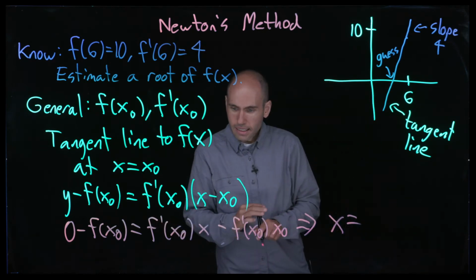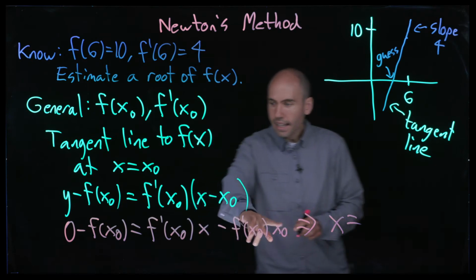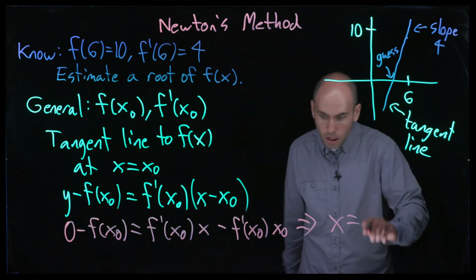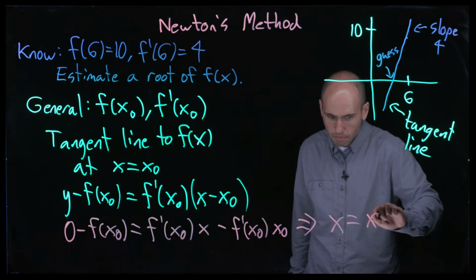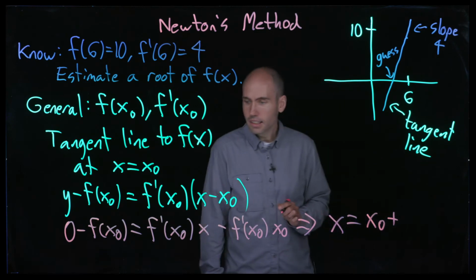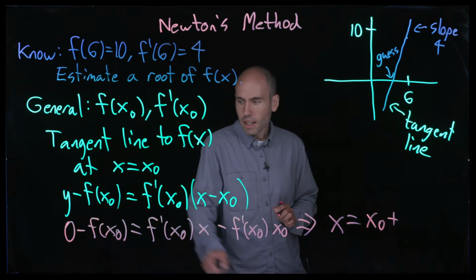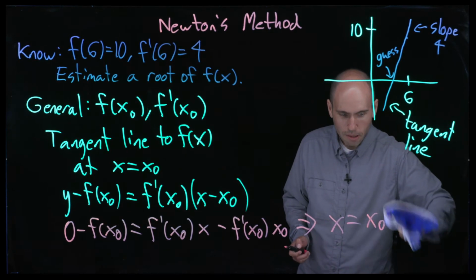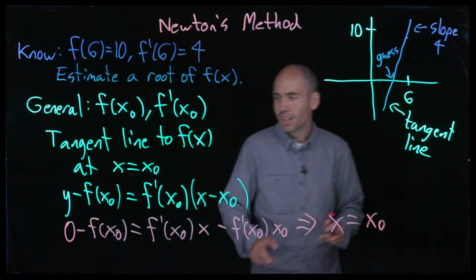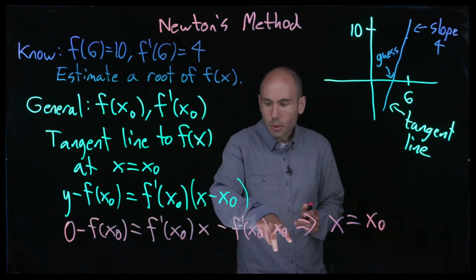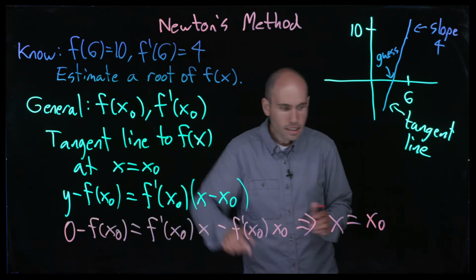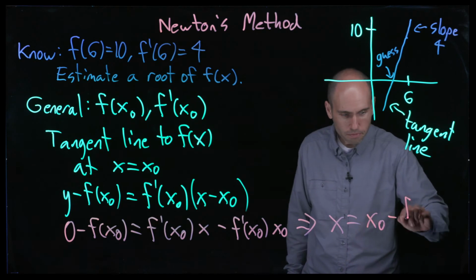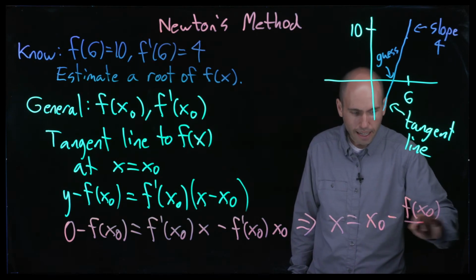Let's divide both sides by f prime of x0. Sorry, I'm running out of space on the board, so I'm doing this all in one step. When you solve this for x, what you get is x equals x0 minus f of x0 divided by f prime of x0.